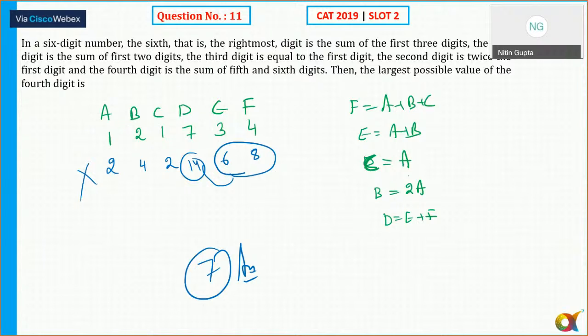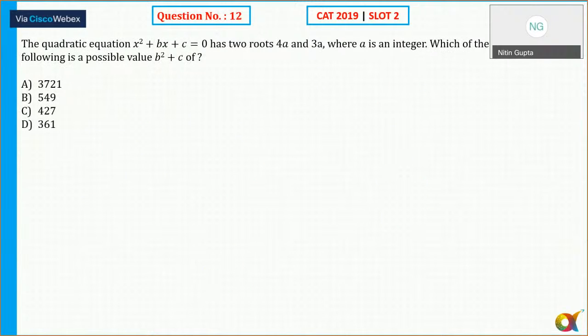Okay, guys, so let's move to the next question. Question number 12. Now, the quadratic equation x square plus bx plus c equal to 0 has 2 roots 4a and 3a, where a is an integer. Which of the following is the possible value of b square plus c? So what is the sum of the roots?